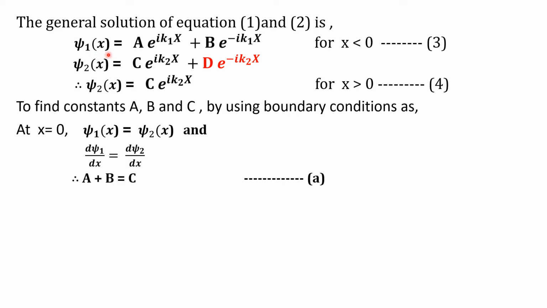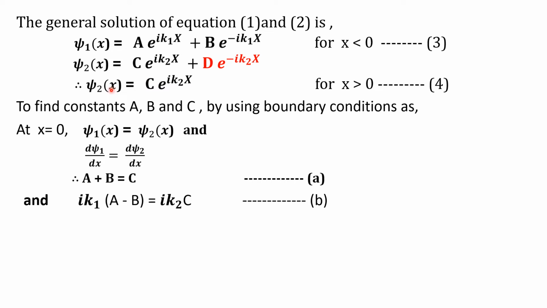Here, d psi 1 by dx: if we differentiate the exponential term, it gives a into exponential ik1x into the coefficient of x, ik1, plus b into minus ik1 into exponential minus ik1x. We put x equal to 0 again, and the remaining terms we write directly here: ik1 (a minus b) equal to ik2 c.